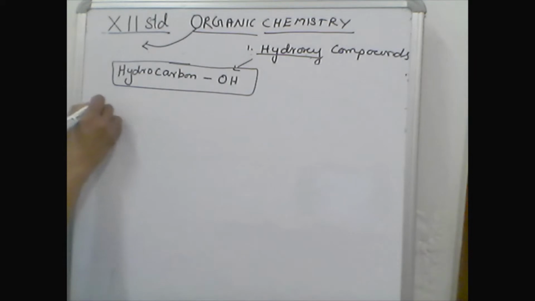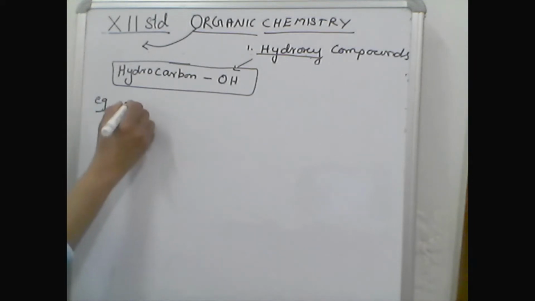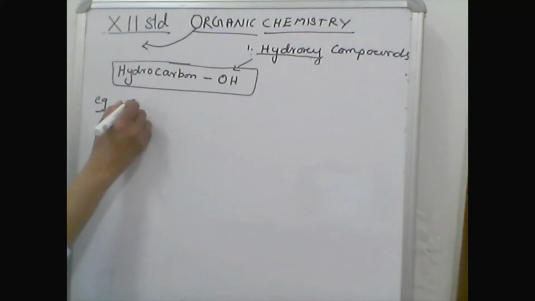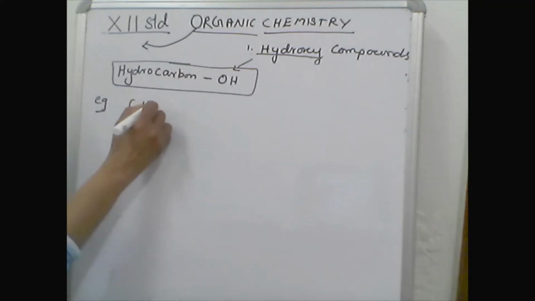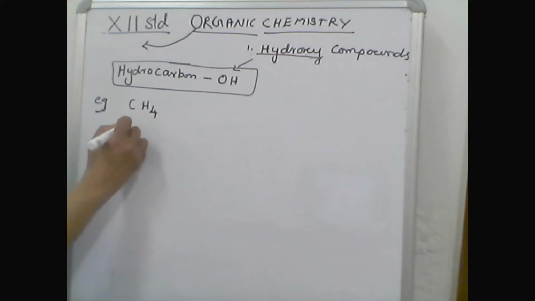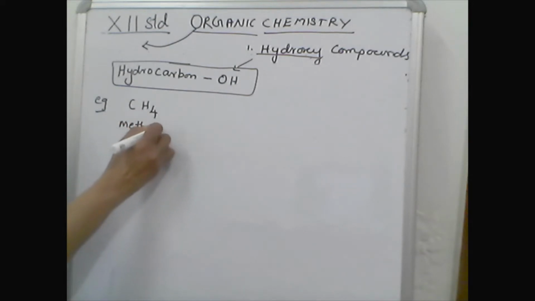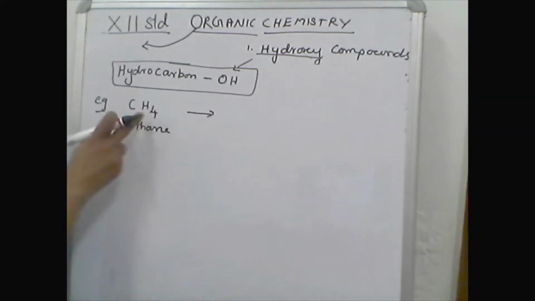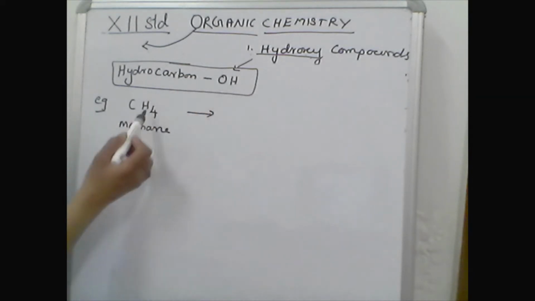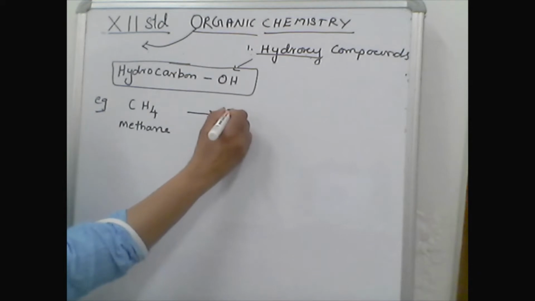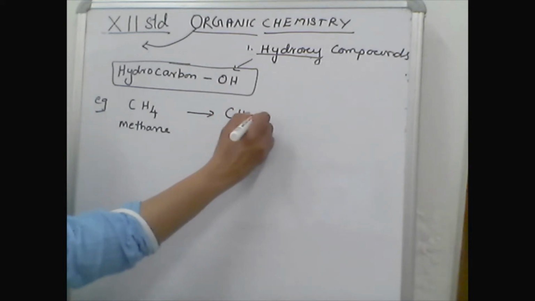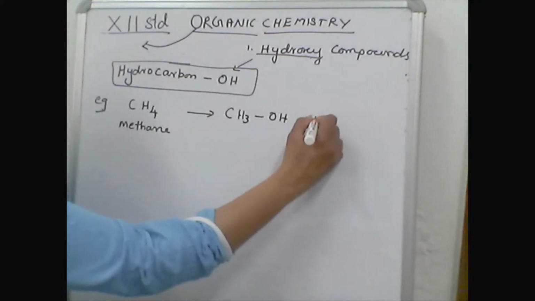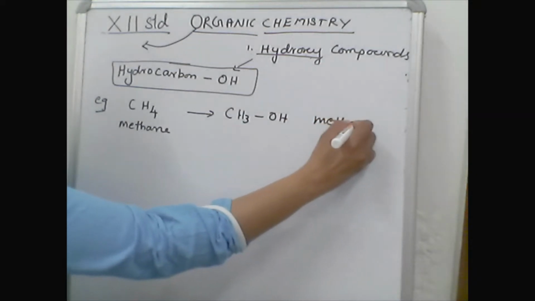For example, hydrocarbons with OH. Let me say this is methane. How can we convert it to a hydroxy compound? We have to replace one hydrogen with an OH group. So CH3OH is the simplest hydroxy compound, methanol.